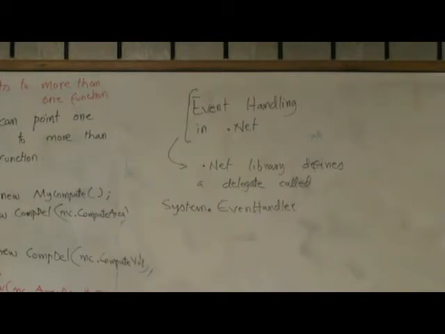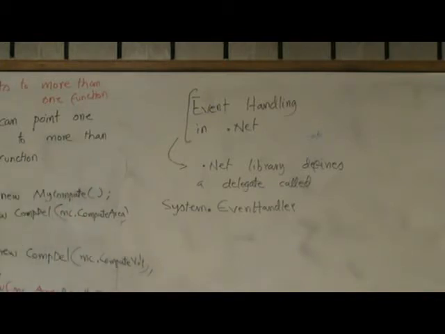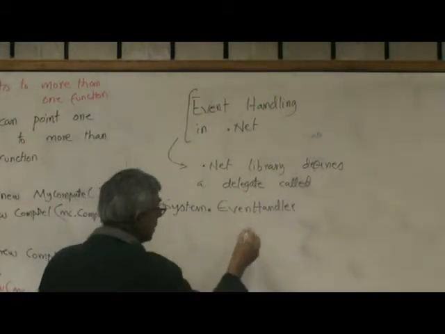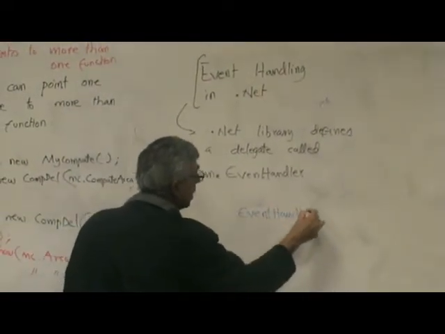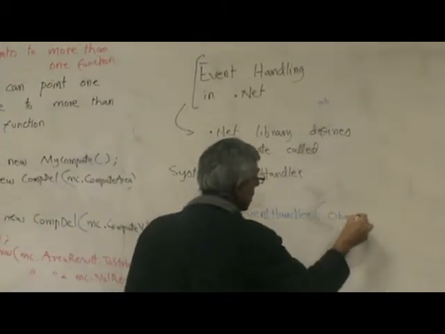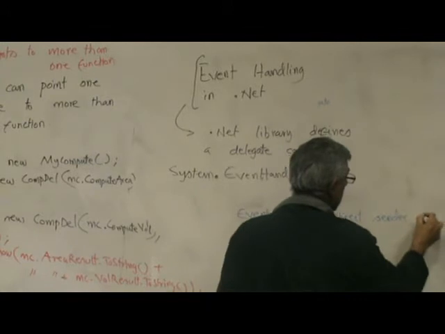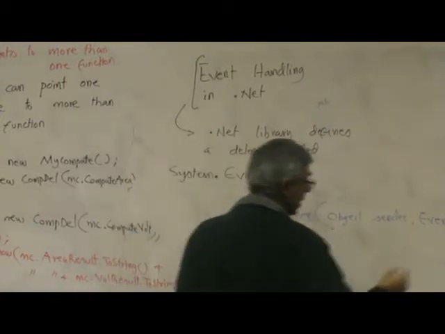How many lines of code we need to write to define a delegate? One line of code. So the way this delegate is defined in the library is, it looks like this. Okay, event handler is the name of the delegate. It takes two parameters. Okay, first is object. Okay, second is event args, which is a class already created in the .NET library.